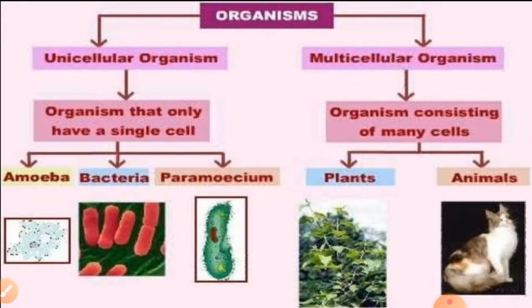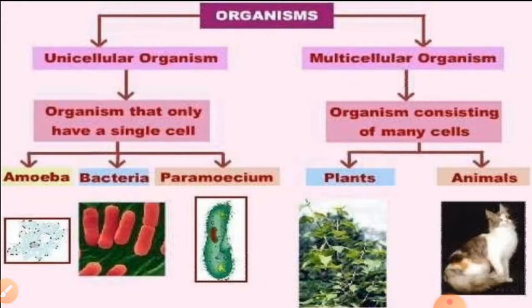Okay, now types of cells. Organisms show variety in cell number, shape and size. On the basis of cell number we can divide organisms into two categories.